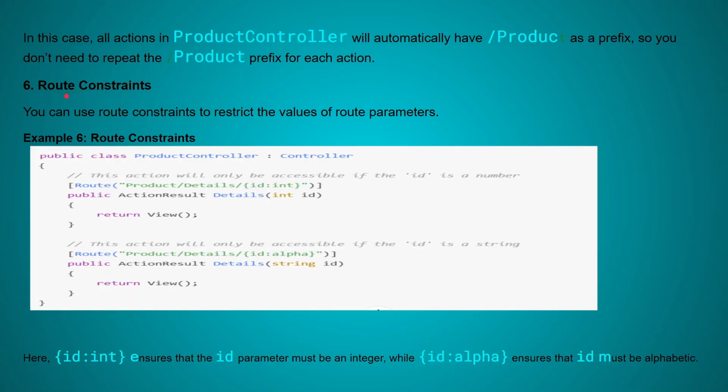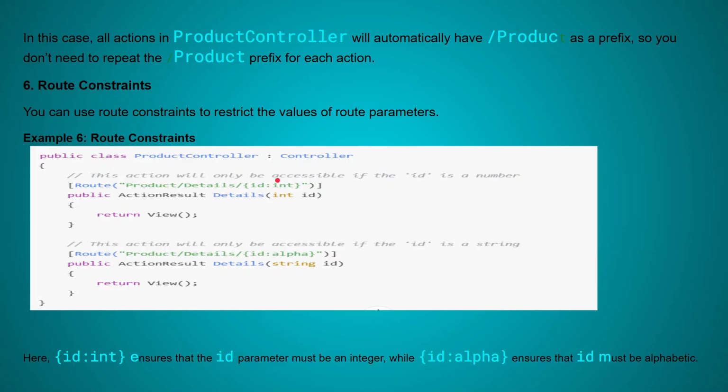Route constraints. You can use route constraints to restrict the values of route parameters. Example. This action will only be accessible if the id is a number. See, route constraints. Here we have a Product controller, a Details action method, and after id and a colon we have given int. So the id should be an int.